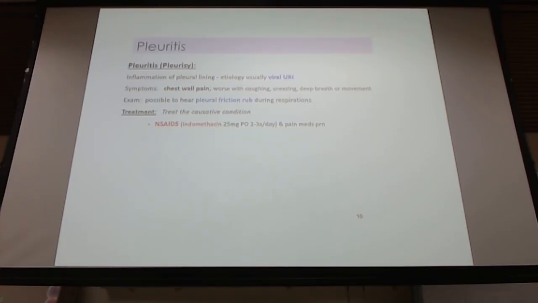Sometimes you can hear on that end inspiration, you can hear that pleura, like a balloon rubbing up against that. And really you just treat it. So this is another medication you put in your little memorized chart, right? If I describe a patient like this, and I ask you about treatment, indomethacin. Or any NSAID. I like indomethacin.